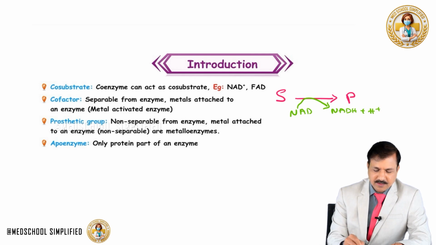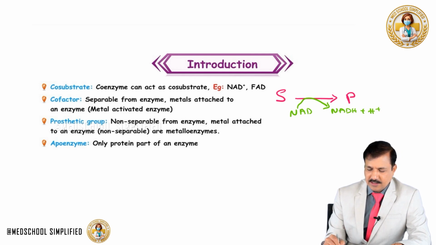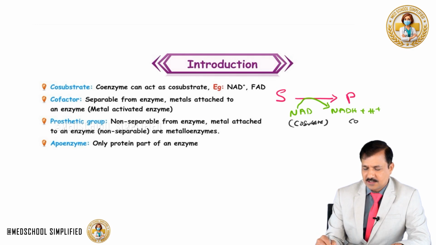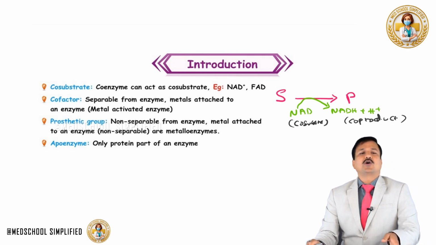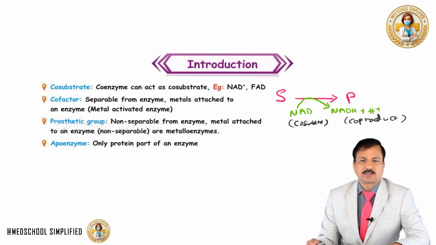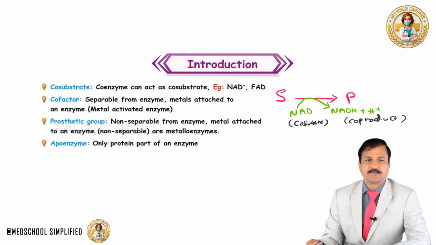So here NAD is a co-substrate, NADH plus H plus is a co-product. So this is how a co-substrate and co-product can be differentiated.